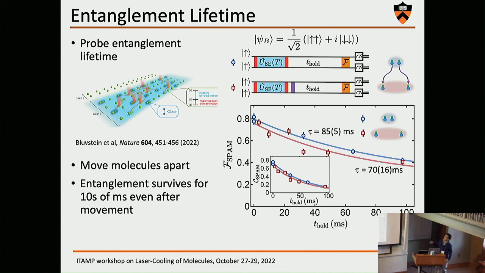Then we hold it for a while and measure the fidelity. Essentially, to within the experimental error bars, we don't see any difference. So this could be a nice capability in the future for obtaining more connectivity in larger systems. And recent work with Rydberg atoms has used this ability to move qubits around to create useful states like cluster states.